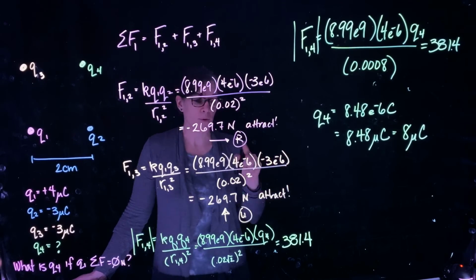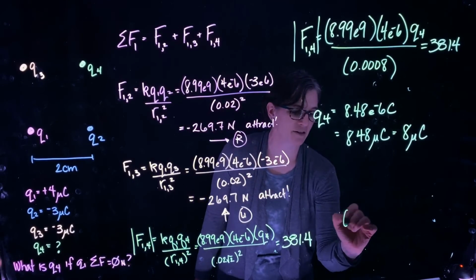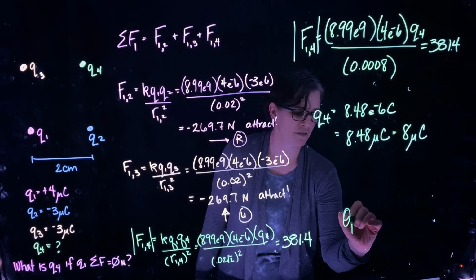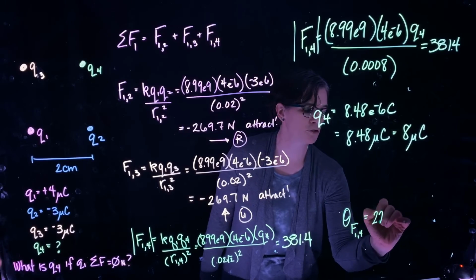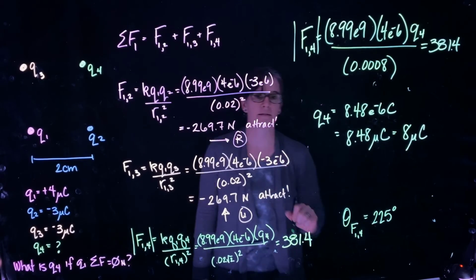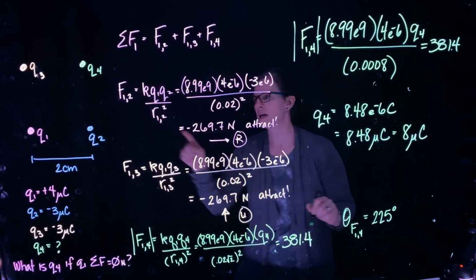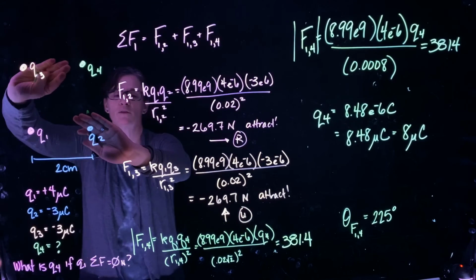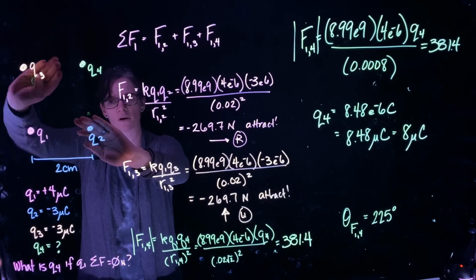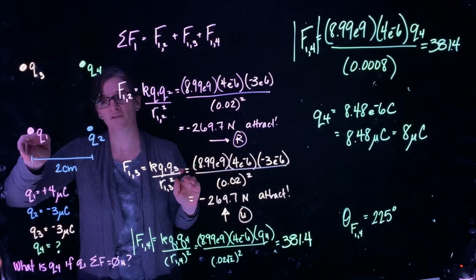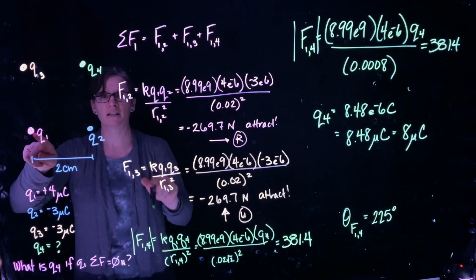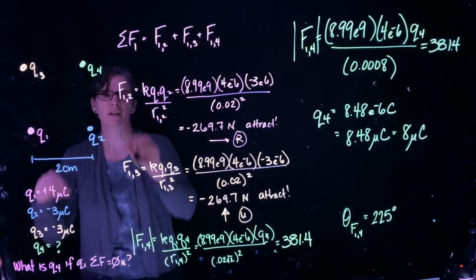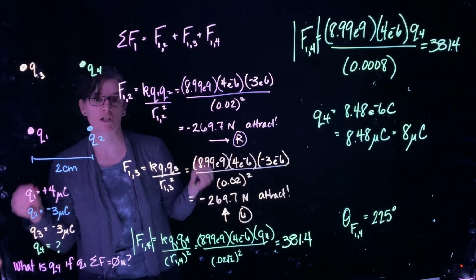Well, remember we said that the angle of the force on 1 by 4 was equal to 225 degrees. That's down and to the left. That means if the only thing in the world was Q1 and Q4, the force Q1 would feel would be down and to the left. Relative to Q4, down and to the left is a repulsion.